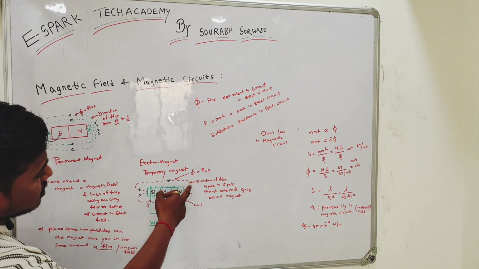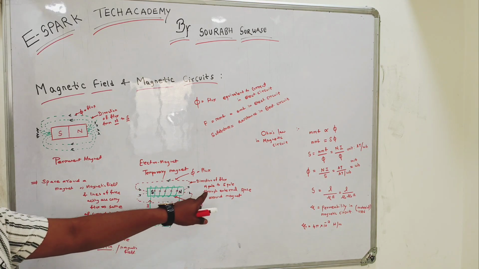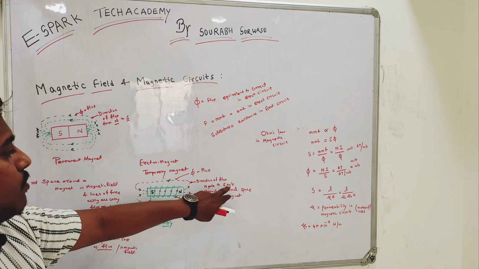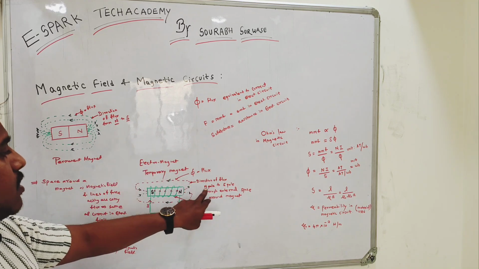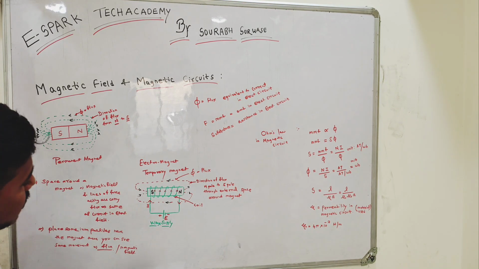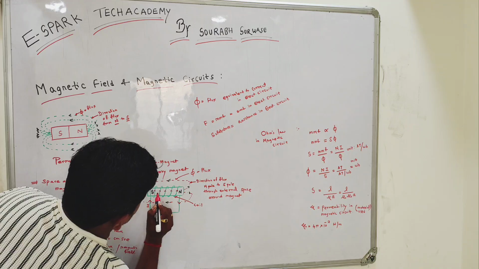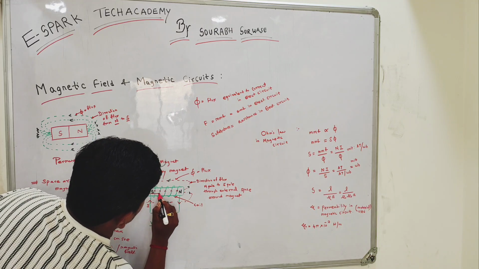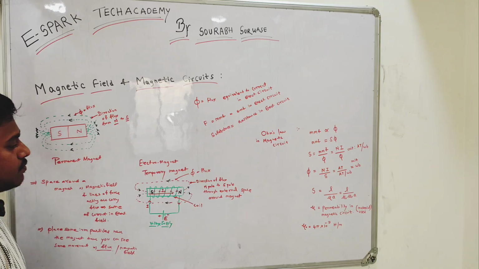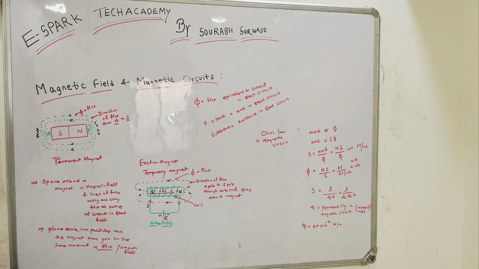These are the direction of flux, or direction of field, which we have already gone through: north pole to south pole through the external space around the magnet. Internally, the current flows from south to north.